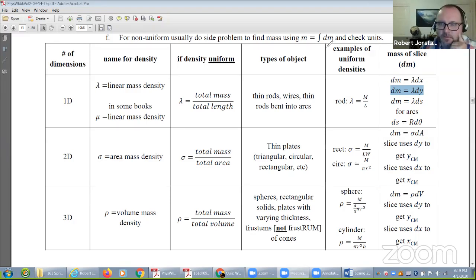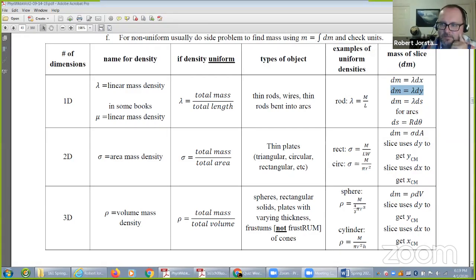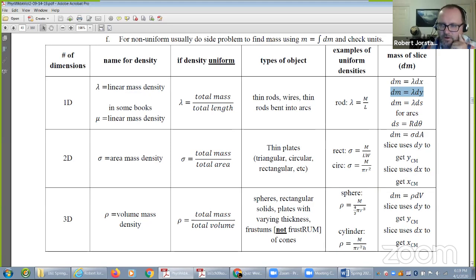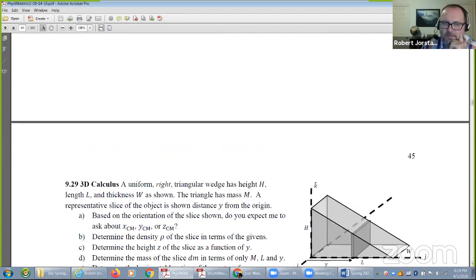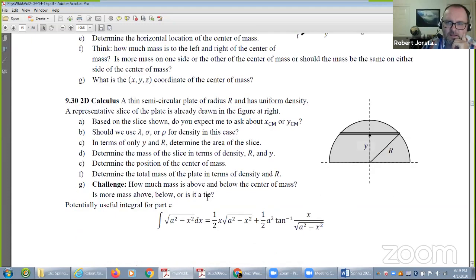Thank you. Now this is also a good spot if you have any questions, so keep them coming all the time. Let's take a look at this one. This is 9.30, the bottom of whatever page.